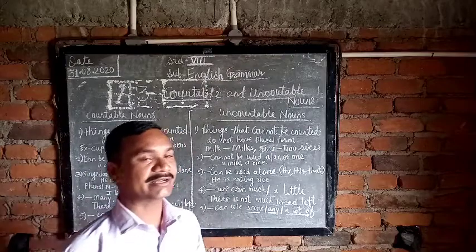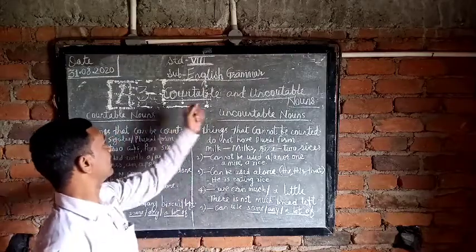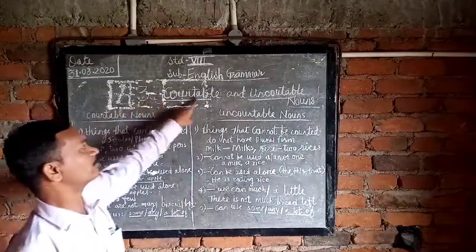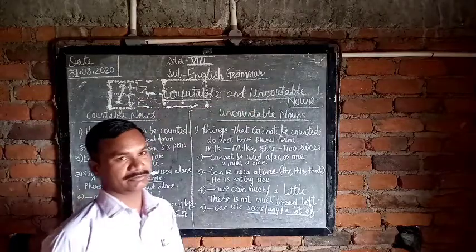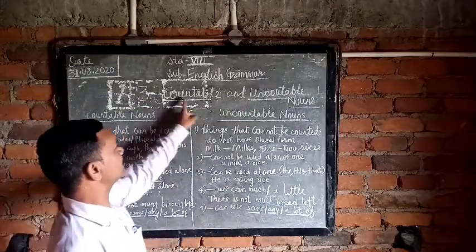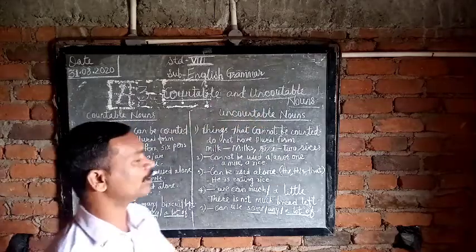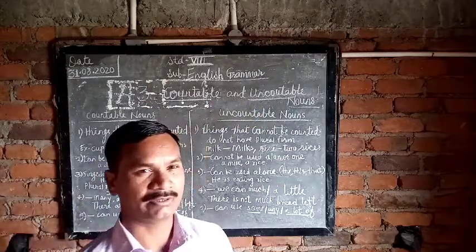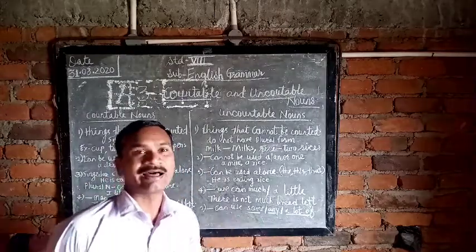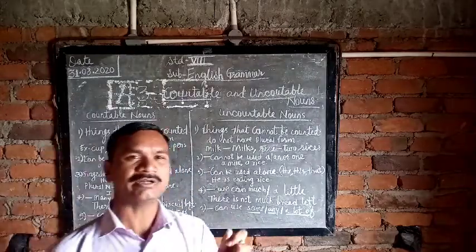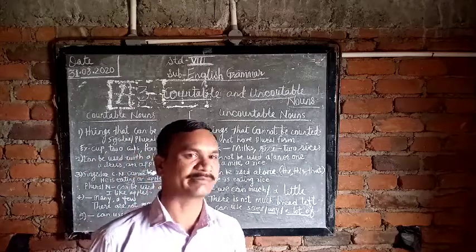Actually, the first and second lessons we completed. Now this is the third lesson, countable and uncountable nouns. Before starting, we need an idea about nouns. The nouns have four types.